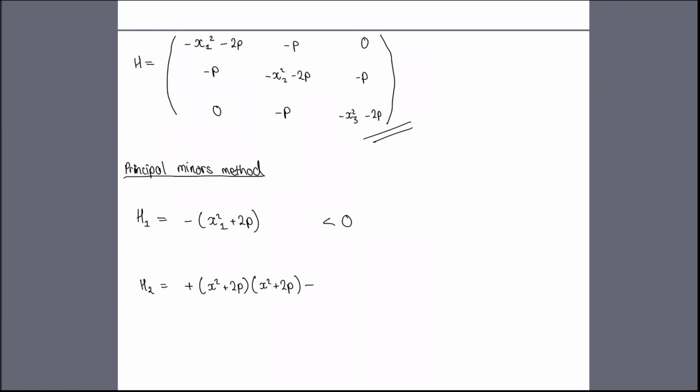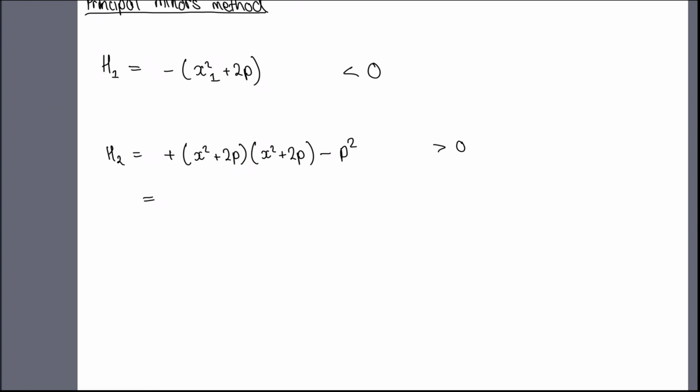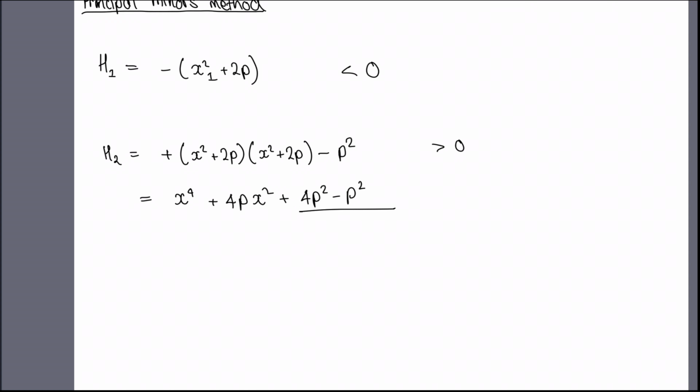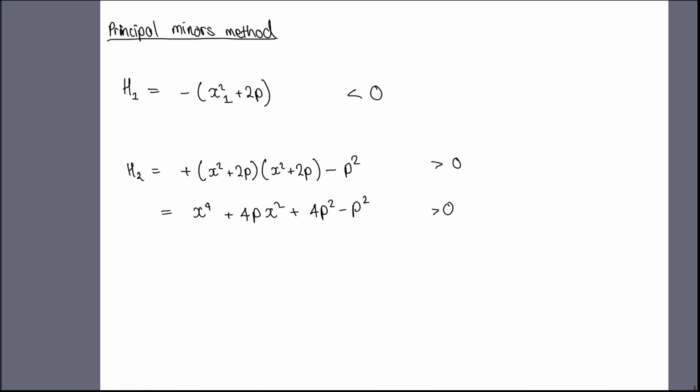And then we get minus rho squared. So as you can see, this will be greater than 0. If you are unsure, we could always expand the bracket, and so we get x to the power 4 plus 4 rho x squared plus 4 rho squared minus rho squared, and then this just becomes 3 rho squared. And of course, all of this will be greater than 0.